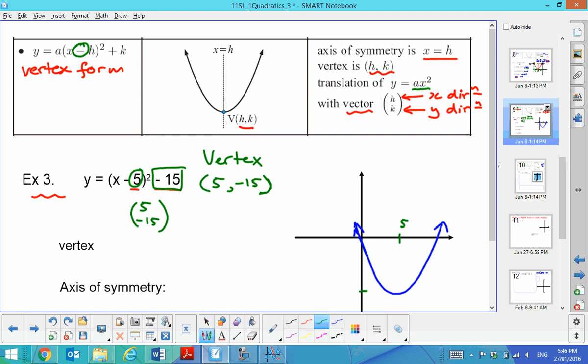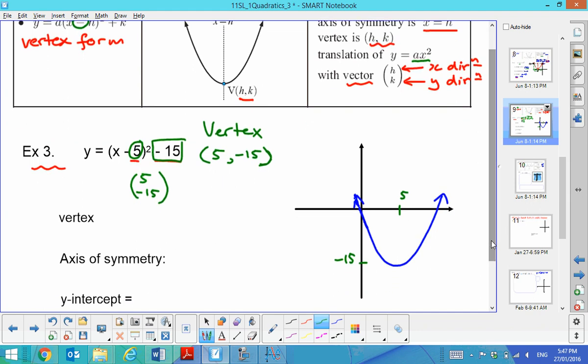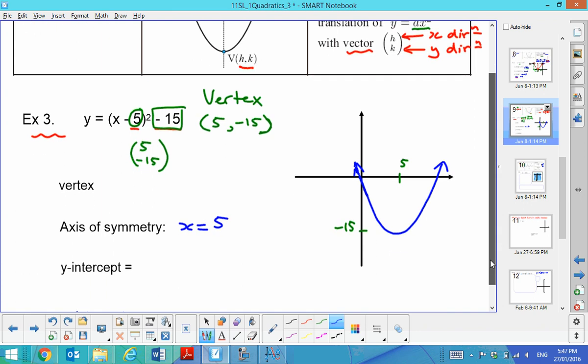So we're now down at minus 15. Then we can work out the vertex. We've got that already. Axis of symmetry is at x equal to 5. The y-intercept, remember, is when x is equal to 0, and we'll see if my graph lines up or not.